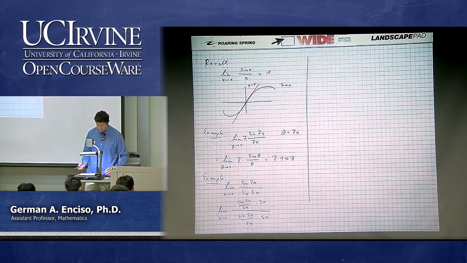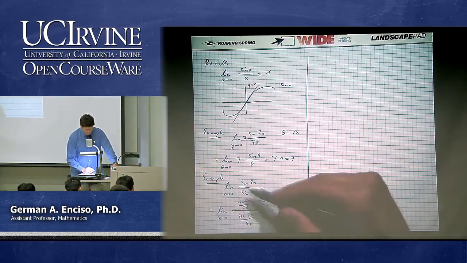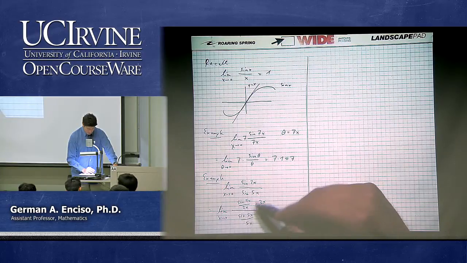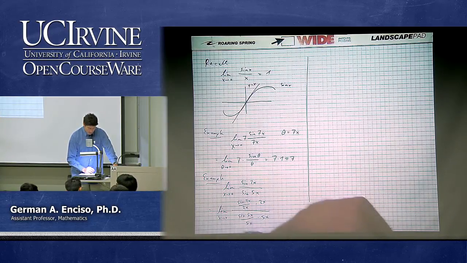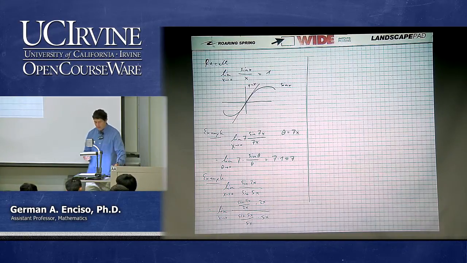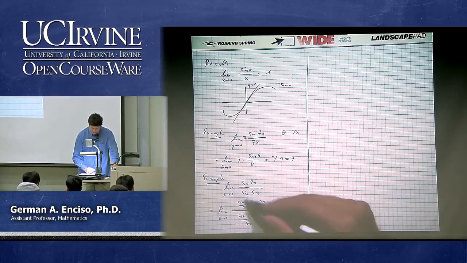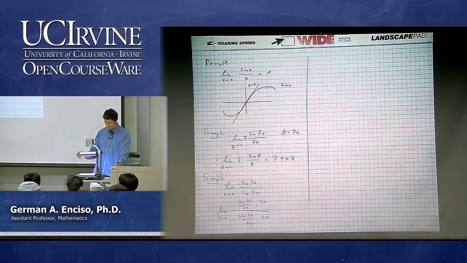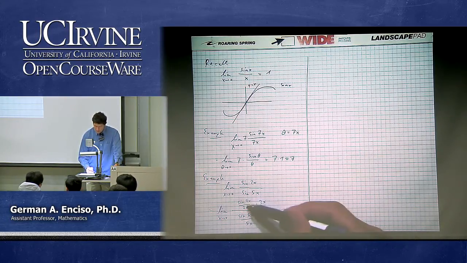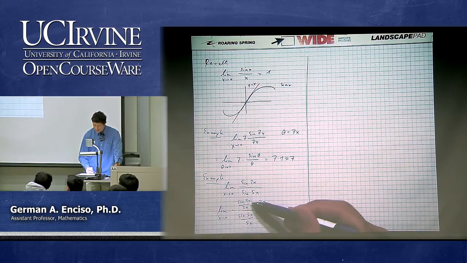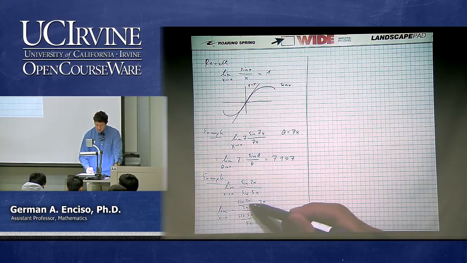Okay, now what? We have something that becomes closer and closer to 1. This part becomes closer and closer to 1. This part becomes closer and closer to 1. And at this point, I'm not even going to make the change of variables. I'm going to leave it as 2x and 5x. You see, whenever this expression is the same as this expression, whenever that expression goes to 0, whether it's x, theta, 2x, 5x, whatever, then the whole fraction converges to 1.